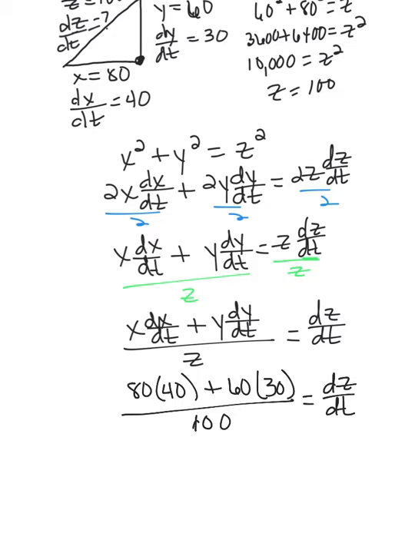If you do that calculation, you will get dz/dt equals 50 miles per hour. The rate of change between the two cars was 50 miles per hour.